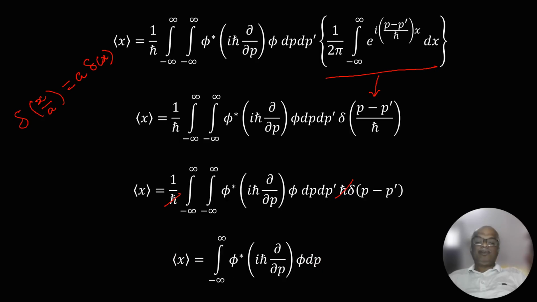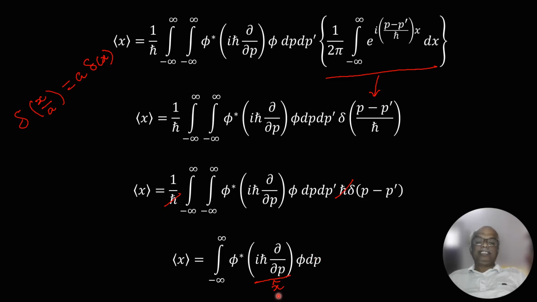Now this is equivalent to the operator x, because we are finding the expectation value of x. By definition, the expectation value of x is equal to the integral of psi star x psi dp.